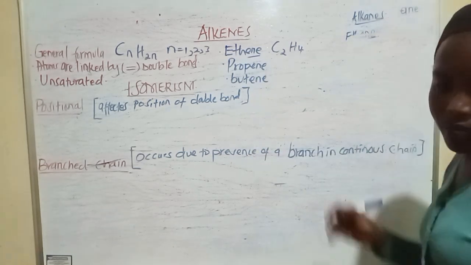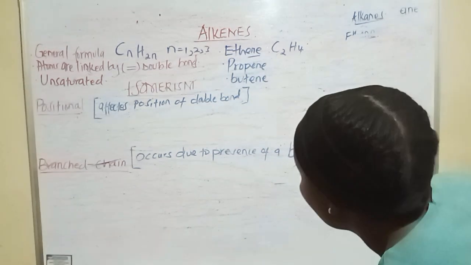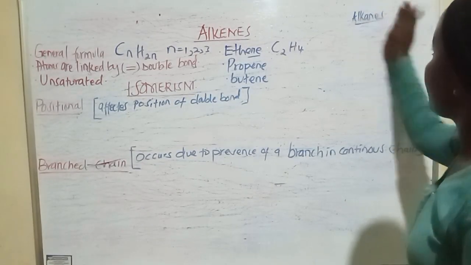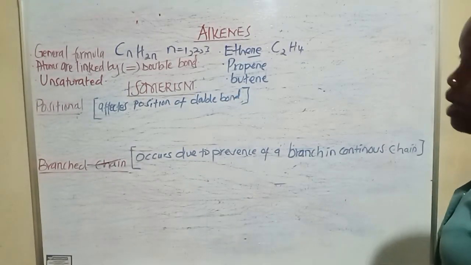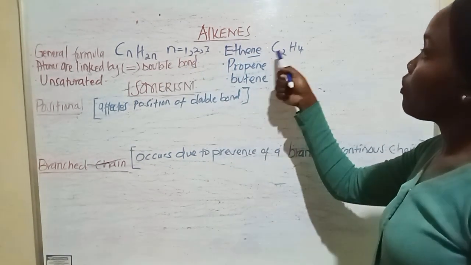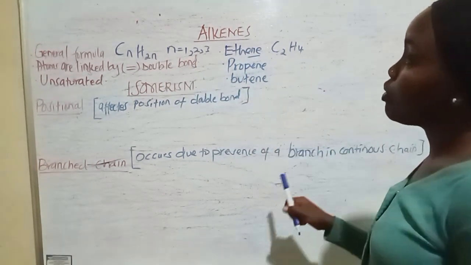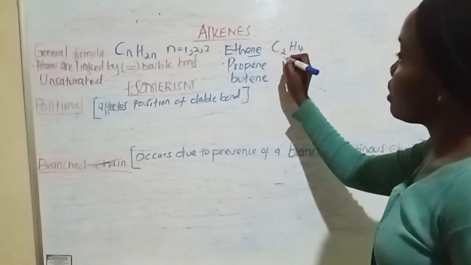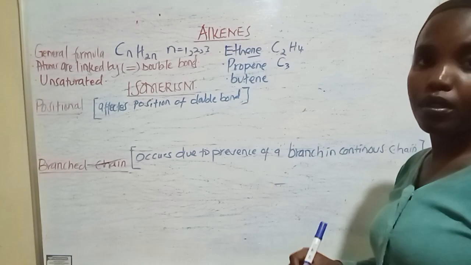We have said that alkenes conform to a general formula of CnH2n. If this is your ethene, your propene is going to be what? Your propene is going to be C3, with 3 carbon atoms still.